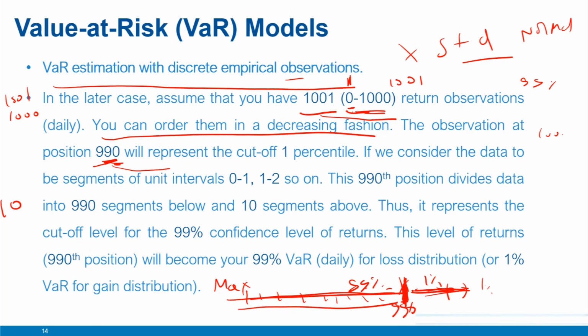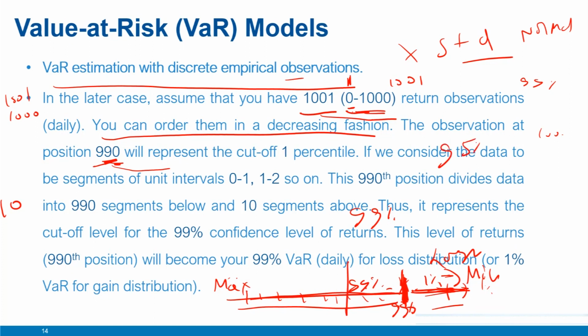Obviously, because we have started with the maximum value here and the minimum value here, this is our loss side, where negative returns or negative losses are. So this cutoff value will become the point at which we can be 99% confident that my maximum loss will be this value. Similarly, you can think of 95%.